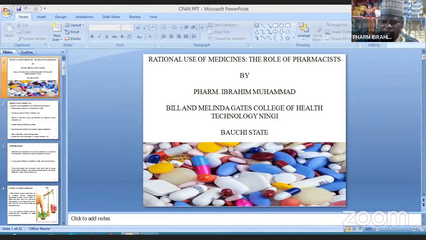So rational prescribing process, of course, if you want to assess whether a prescribing is rational, you need to have the knowledge of prescribing process. And prescribing process includes providing diagnosis.